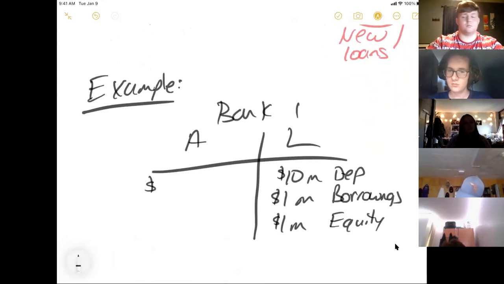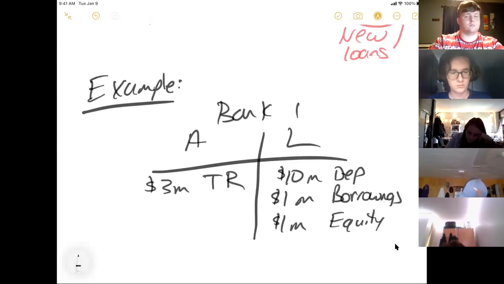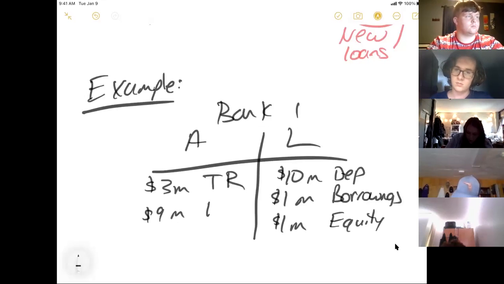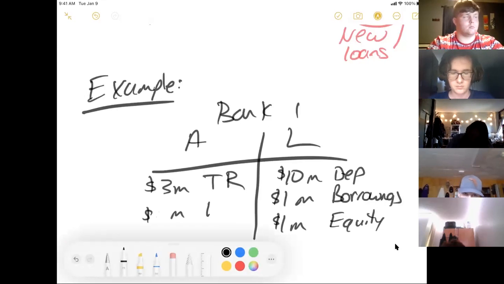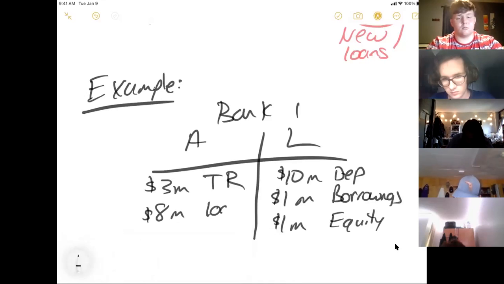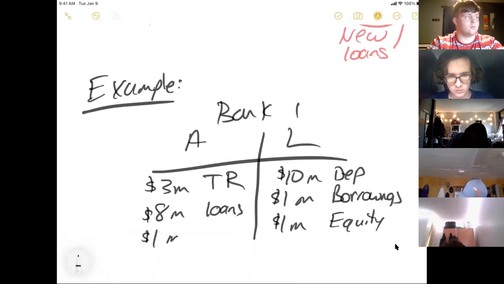In their assets, they have 3 million in total reserves, $8 million in loans, and 1 million in T-bills.